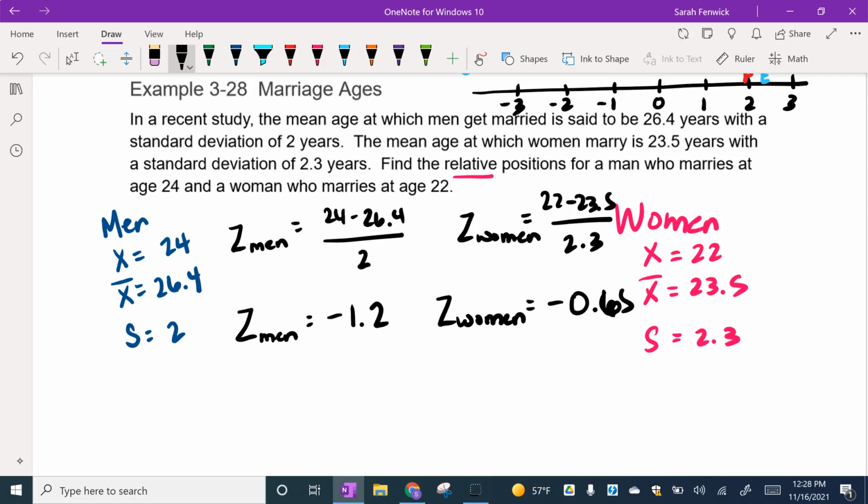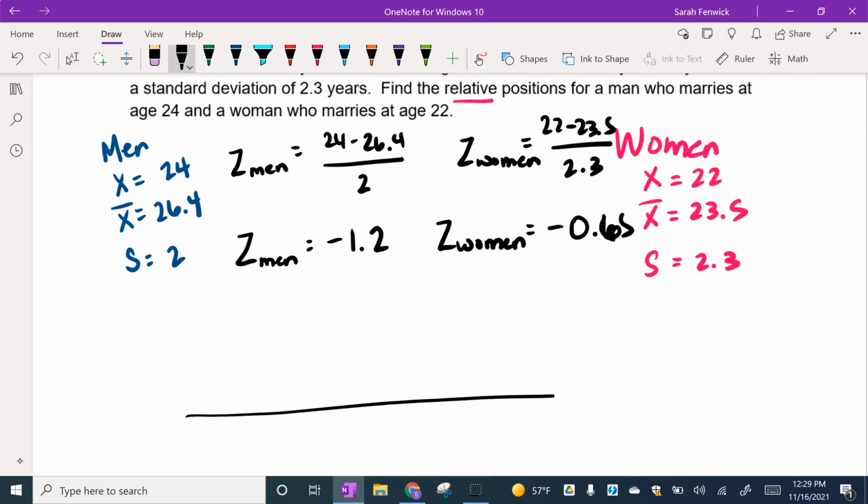So what does that mean? It means that the man who got married was 1.2 standard deviations below the average age of men getting married. The woman was less than 1, so 0.65 standard deviations less than the mean age or the average age of women getting married. If we looked at a number line for this one, again, 0, 1, 2, 3. We usually just count out by threes.